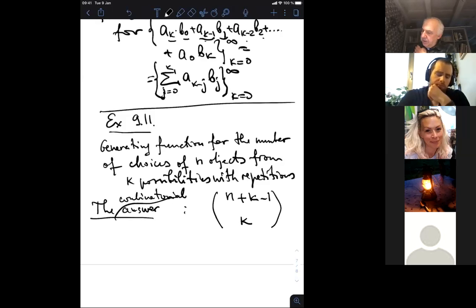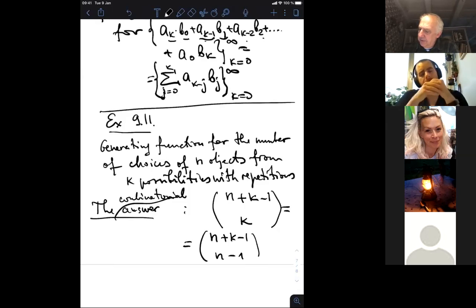And the idea was as follows. So we were introducing dividers. Yes, so we were introducing n minus 1 dividers. So this equals n plus k minus 1 over n minus 1 also. And for this, we had the following interpretation.